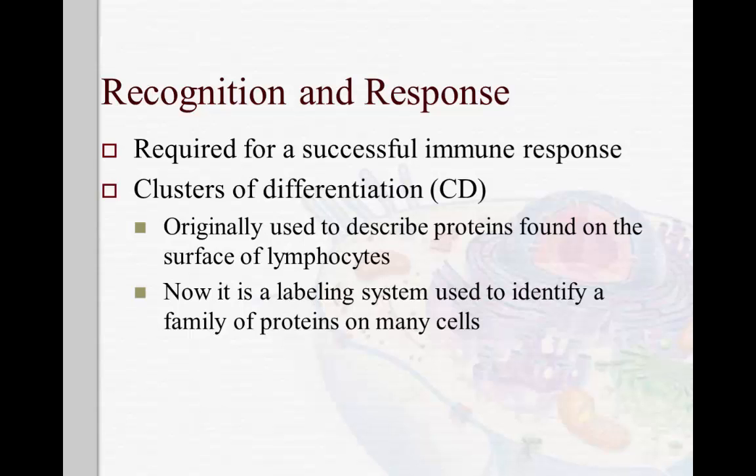And those are proteins found on the surface of lymphocytes and other cells in the body, but most abundant in lymphocytes. It could be present in erythrocytes as well, in the intestine, but most commonly in the lymphocytes, in the surface of the lymphocytes. They basically identify the antigen and present the antigen as well.